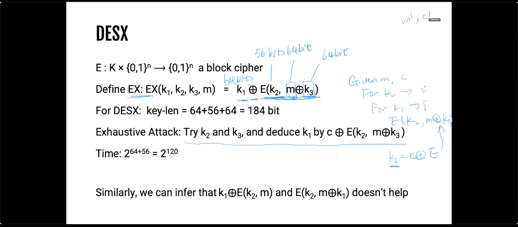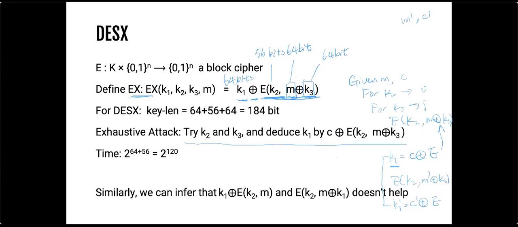Still given K2 and K3, we calculate the other pair and get another K1, and then we compare K1 and K1 prime. We want to see if these two are equal. If they're equal, it's a good sign. It means that we almost have the result.